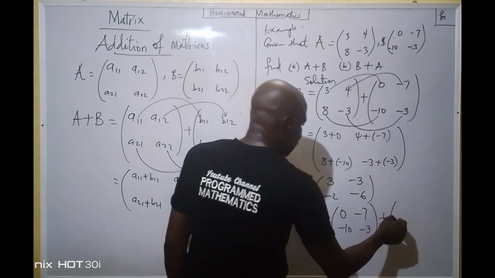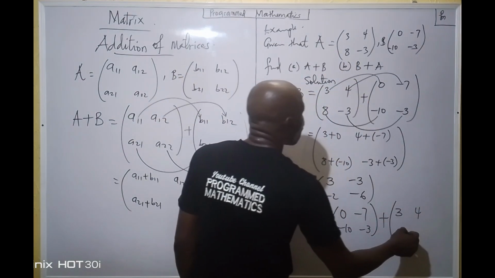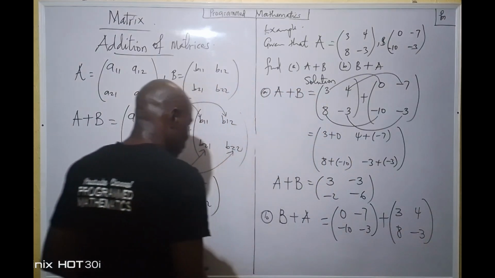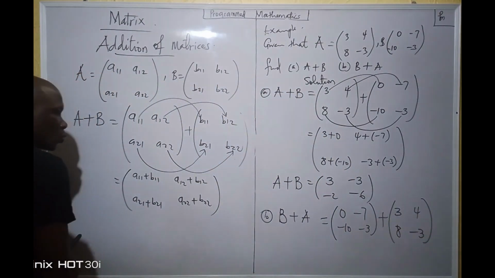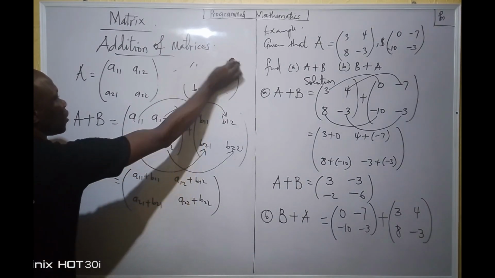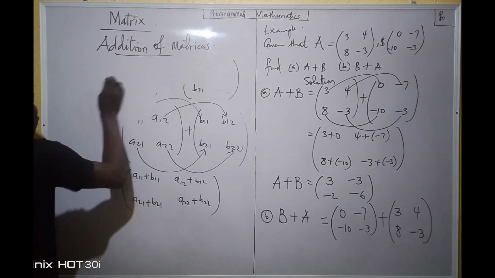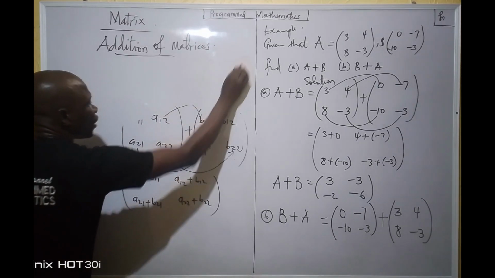Matrix A is this: 3, 4, 8, minus 3. So we do the same addition following the rule. Elements belonging to the same position are added together.